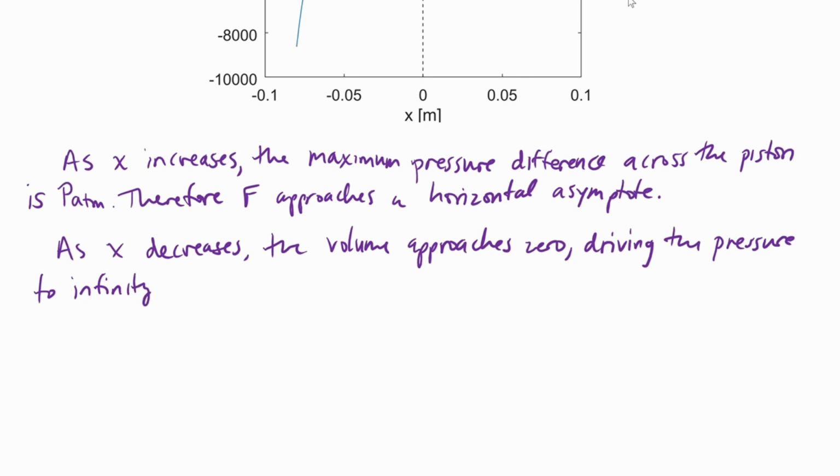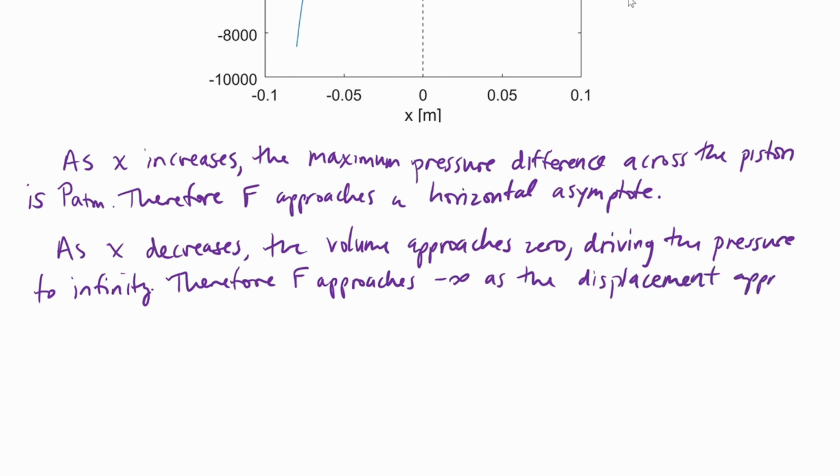Of course, this is a non-physical result, and from chemistry we know that as the pressure increases, the gas is eventually going to turn into a liquid or a solid, but this simple equation does not capture that behavior. So we see the force decreasing towards negative infinity as the displacement approaches minus 0.1 meters, which was the initial height of the volume.